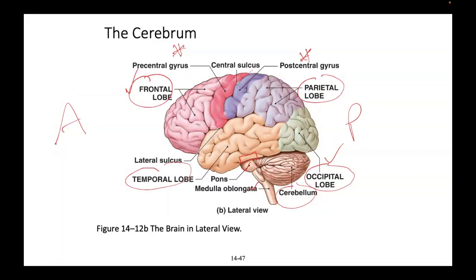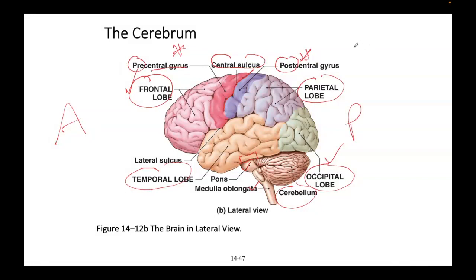Right in between, right in here, is a groove called the sulcus, and it's called the central sulcus. So in front of that is the precentral gyrus, and behind the central sulcus is post, which means after, postcentral gyrus. So you have a precentral gyrus and a postcentral gyrus.